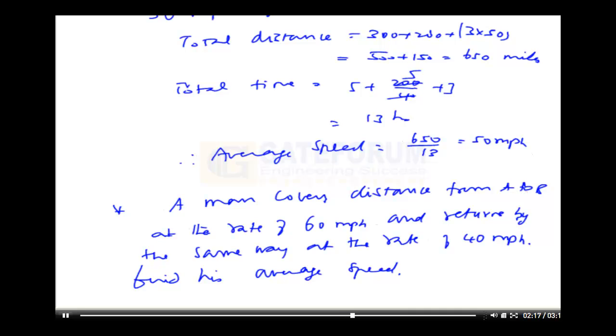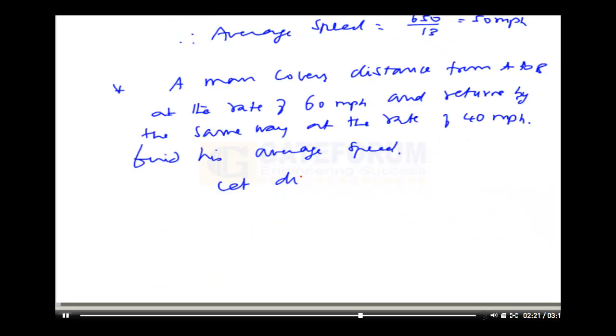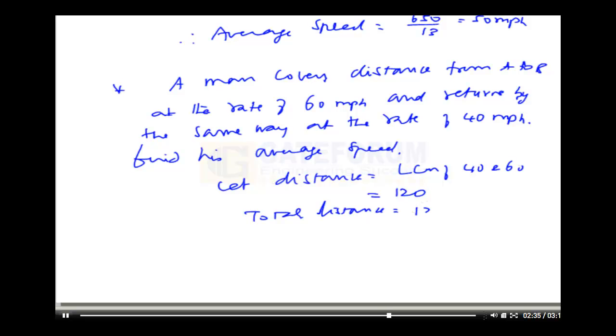Since the speeds are given as 60 and 40, let us take the distance as the LCM of 40 and 60, which will be 120. So total distance covered will be 120 one way and 120 return, total 240 miles.